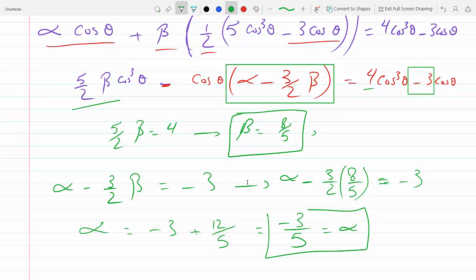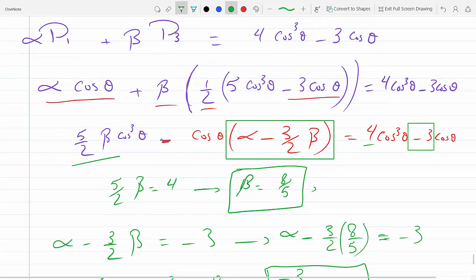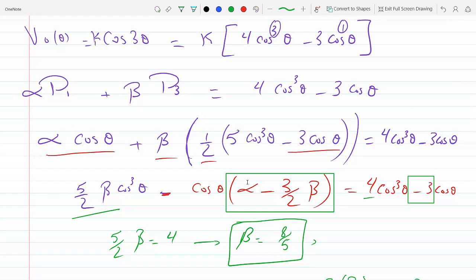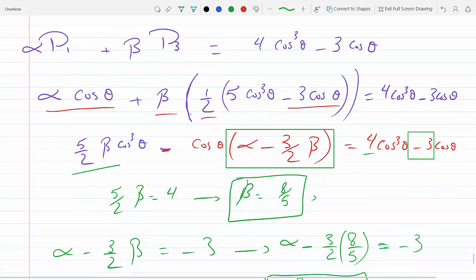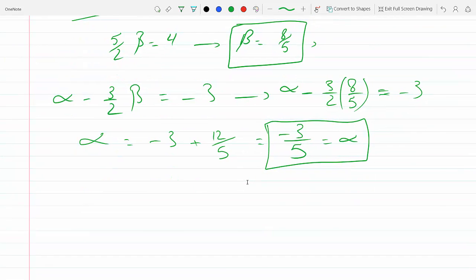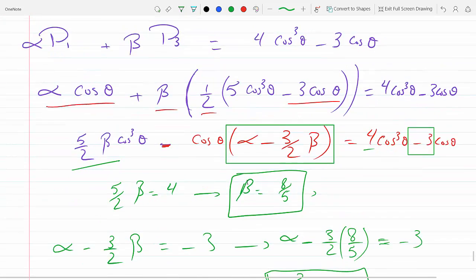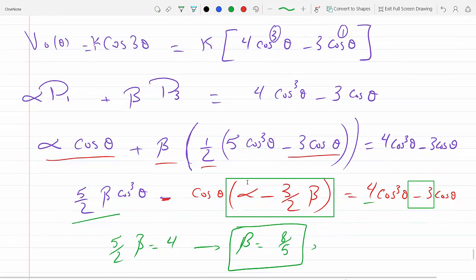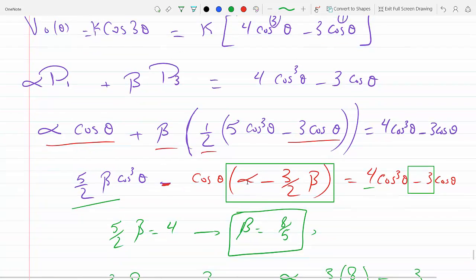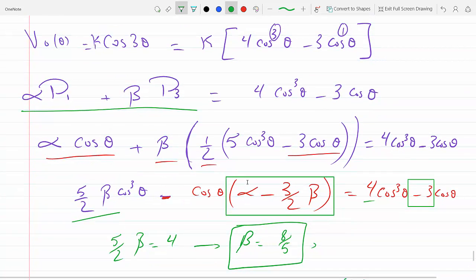Okay, so why did I do all this? In order to break this into two different Legendre polynomials, alpha and beta. So I can now say that V0 of theta is equal to k times alpha P1. Remember, I'm plugging in now.